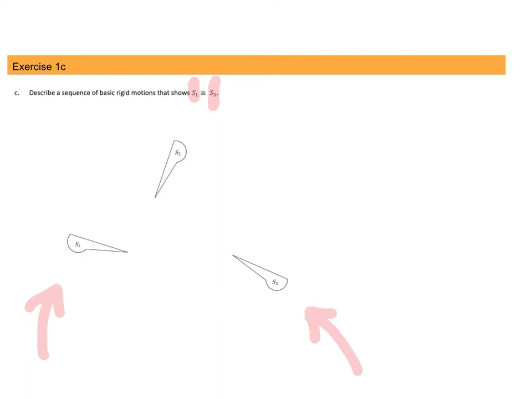What would you do? Go ahead and pause this video and write down exactly what you would do, and then press play once you have your answer down and check your work. All right, the first thing I would do is map my corners to one another through a translation. Okay? And once this is translated, it's going to look something like this.